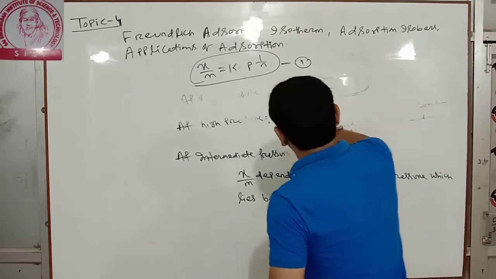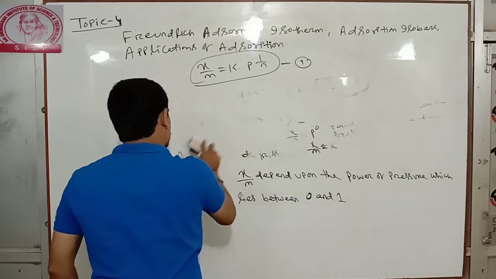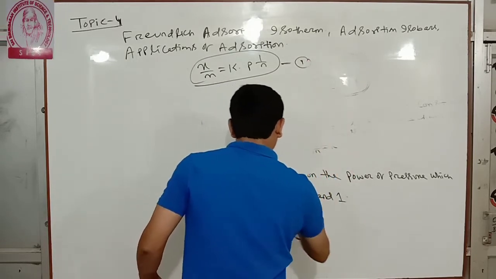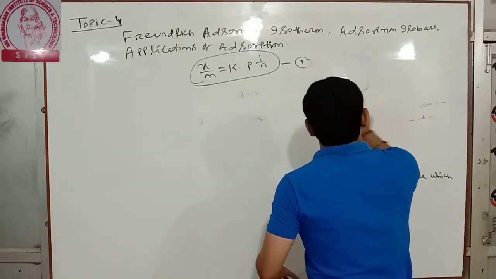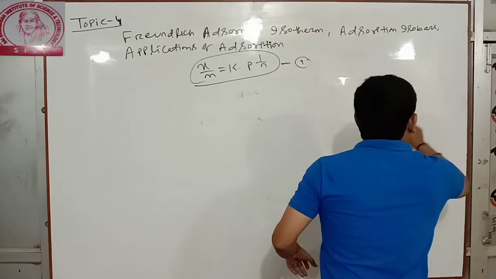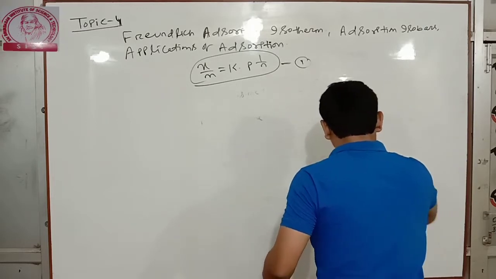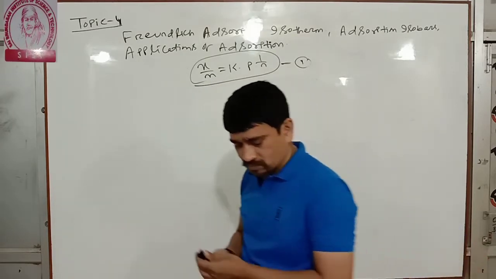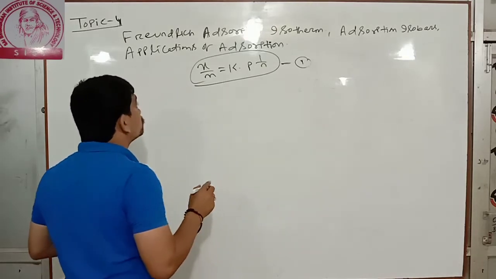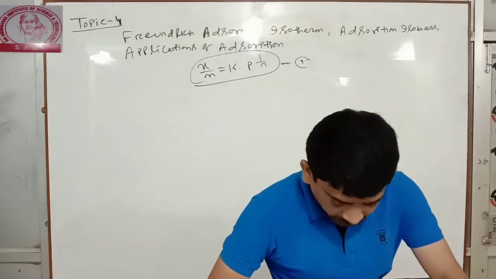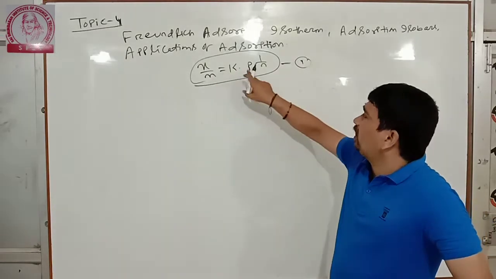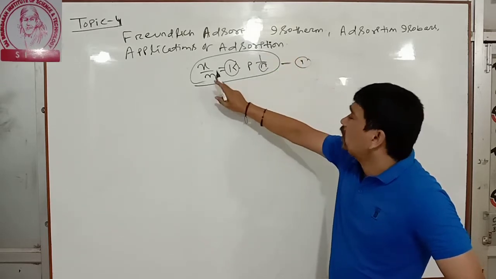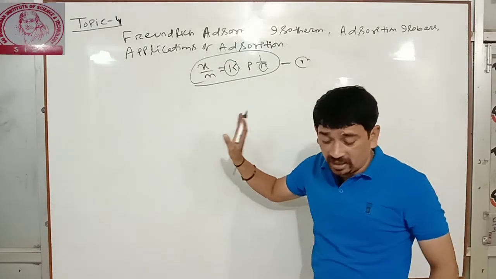The constants k and n can be calculated by taking logarithm on both sides. The constants k and n can be determined as follows.